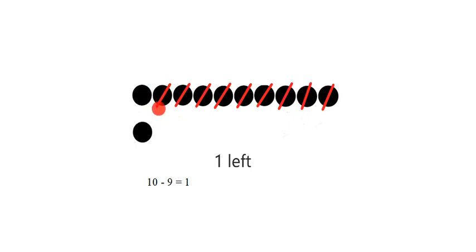This 1, 2, 3, 4, 5, 6, 7, 8 and 9. You see that we have 10 circles and 9 circles are taken out, so we have in remaining only one circle. This is one circle, only one circle. So it means that 10 minus 9 equals 1.